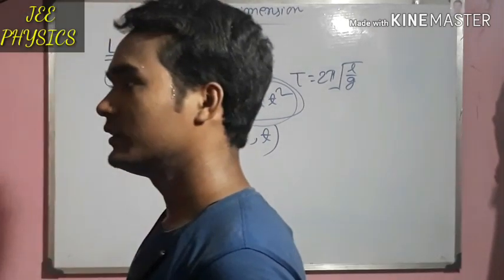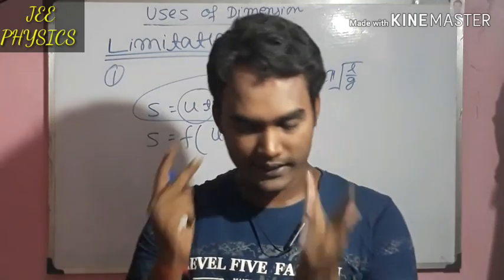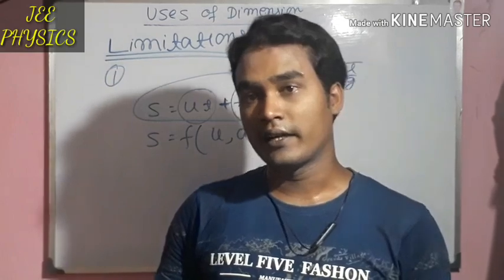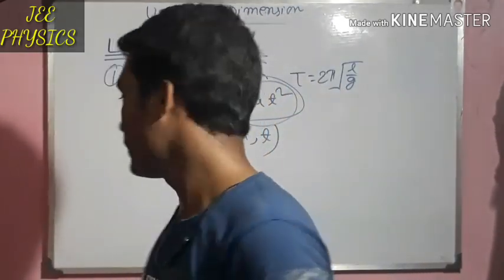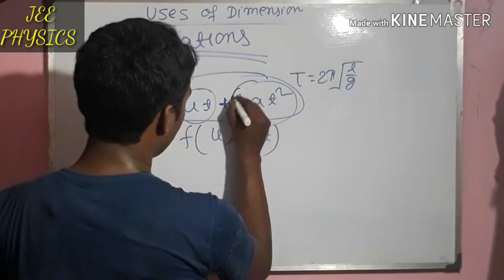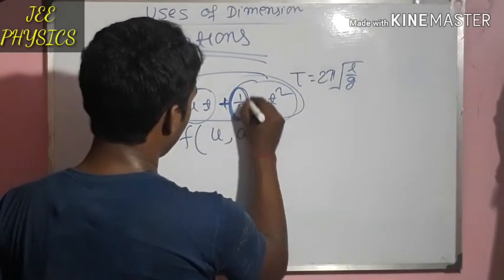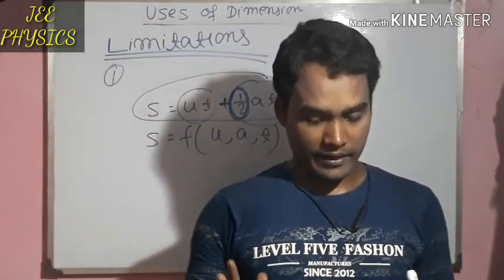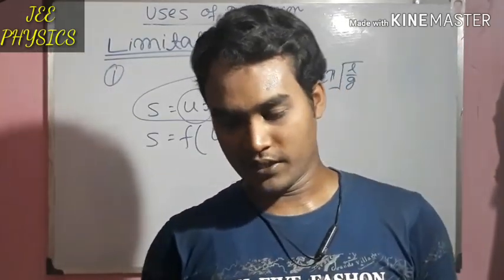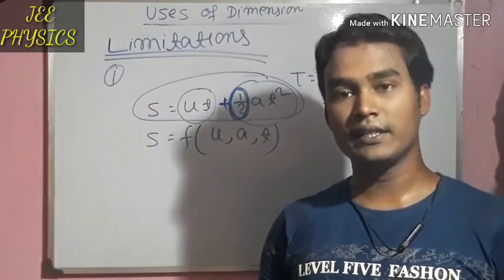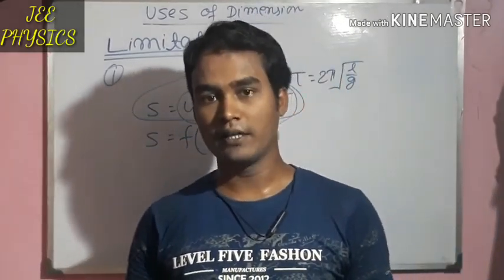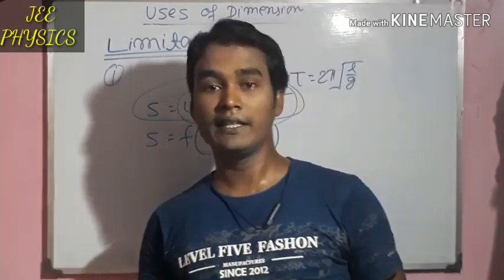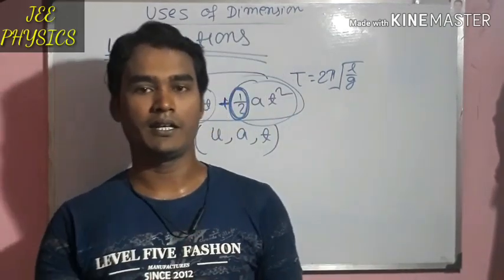Secondly, I have told it previously that if there is some constant, then the dimensional method cannot find you the value of the constant. So if you forget to write half and check it dimensionally, it will give correct. So a good concept is that a dimensionally correct equation is not necessarily mathematically correct, but a dimensionally incorrect equation must be mathematically incorrect.